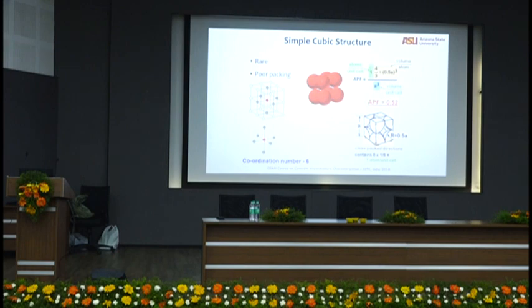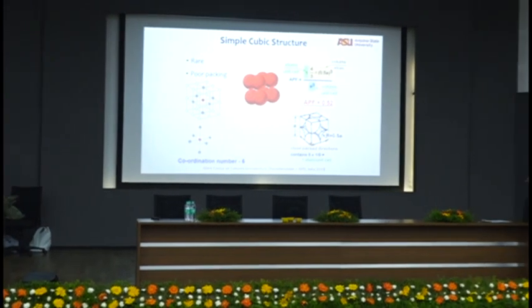So all the corners of the cube are the centers of particles, and remember this cube has 6 sides, therefore on all 6 sides I have other cubes like this also. And I have 8 particles in 8 corners.